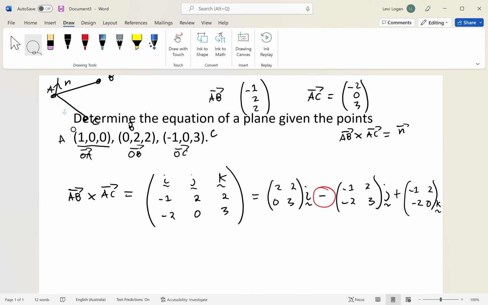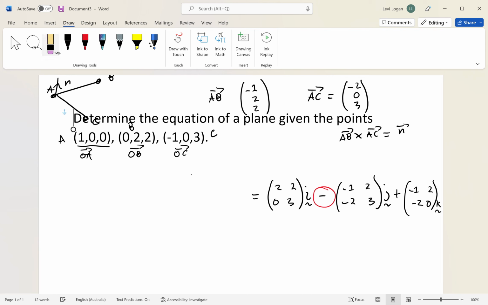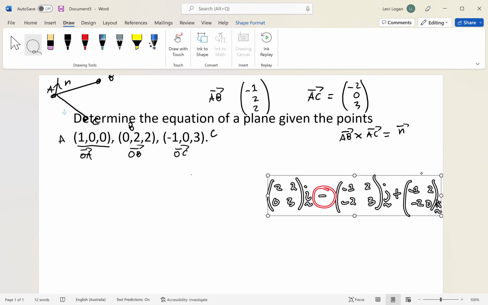So I'm just going to rub out this huge 3 by 3 now, and I'm going to move these other matrices across, because we know what we're already finding. We find the cross product. So I'm just going to move all this up here.